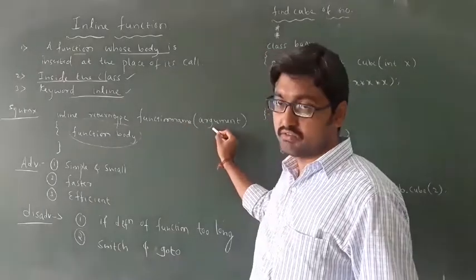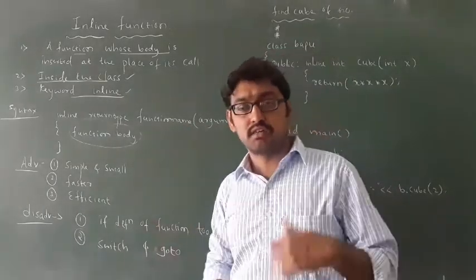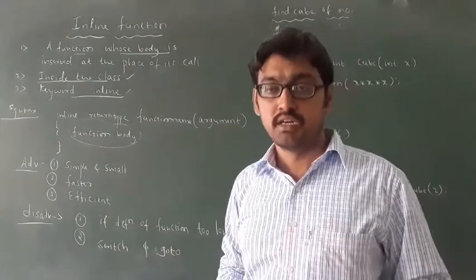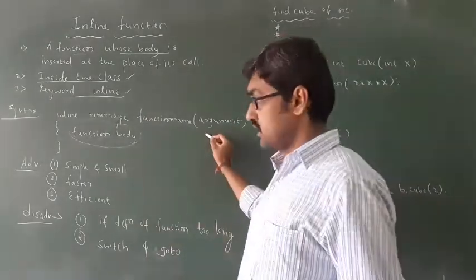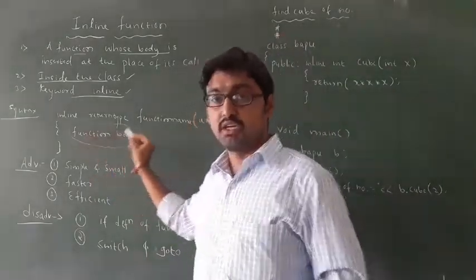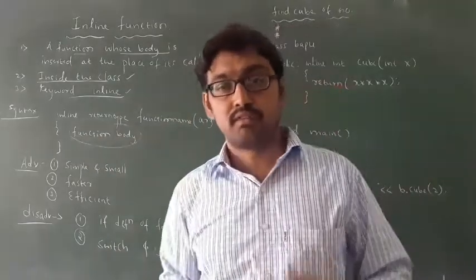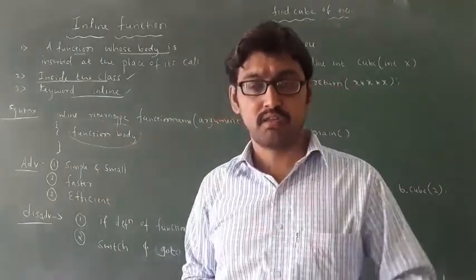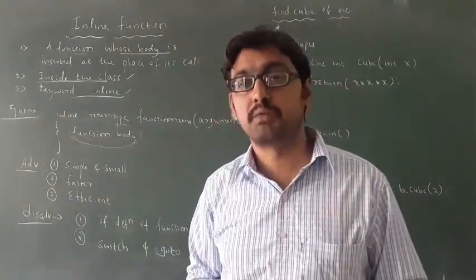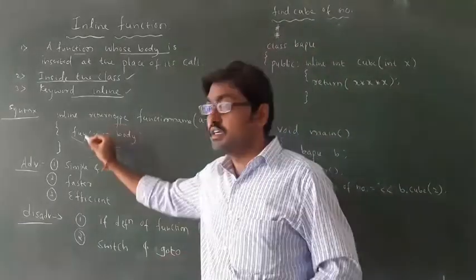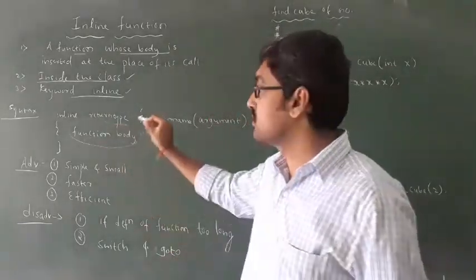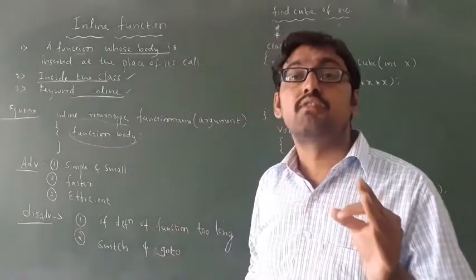Then the argument list, like int a, int b. Then the function body, where you can write formulas, cin statement, cout statement. This is the syntax of an inline function.